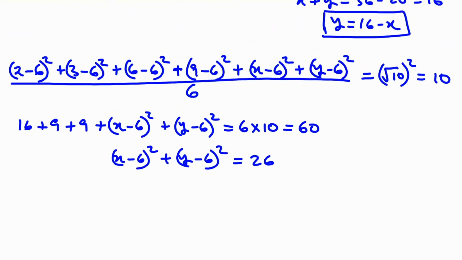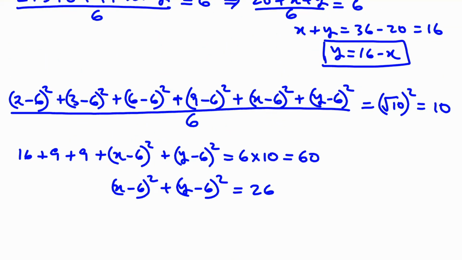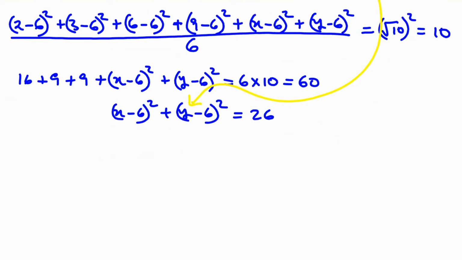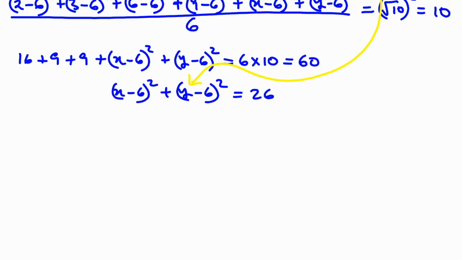Now, this is where we need to make that substitution, plugging that in so that we can end up with an equation in terms of x. So what we shall end up with here is x minus 6 squared plus 16 minus x minus 6 squared is equal to 26.